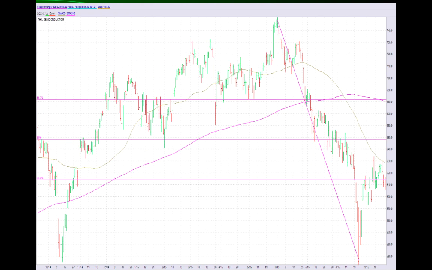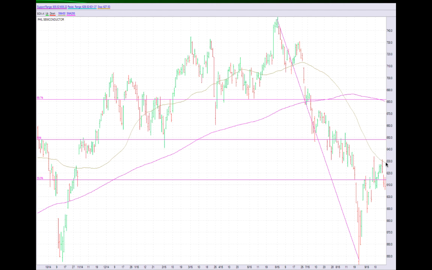Another one I wanted to look at is the Philadelphia Semiconductor Index. It looks very similar to the overall NASDAQ with a rising wedge. But as you see here, it failed recently at the 50-day moving average. This was quite a bounce off of the bottom. The Philly Index rallied 16.5% from the bottom over here to the 650 area.